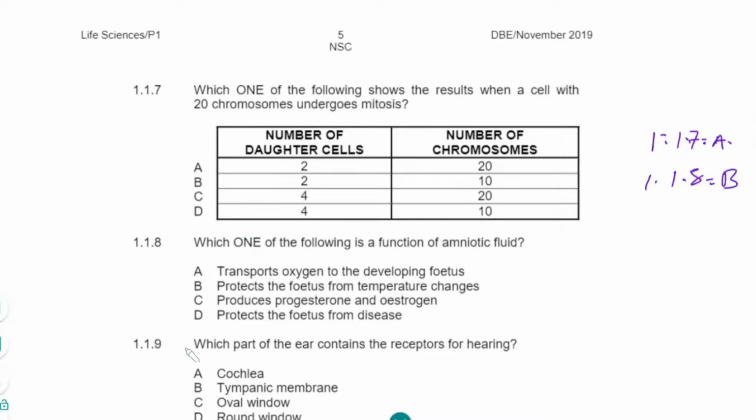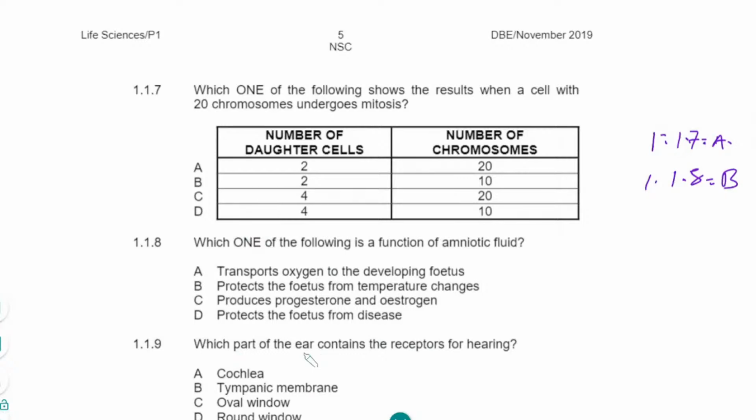Then 1.1.9, the part of the ear that contains a receptor for hearing. Remember, the ear is responsible for two functions. You have balance and then hearing. Balance is the semicircular canal, then hearing is the cochlea.